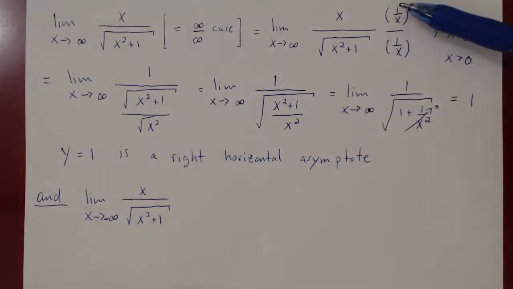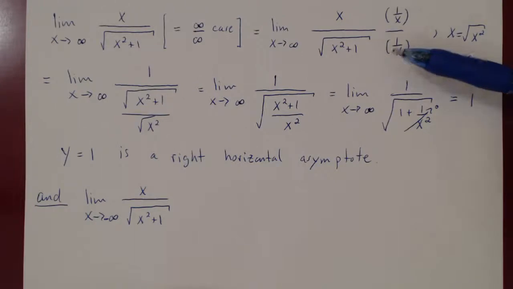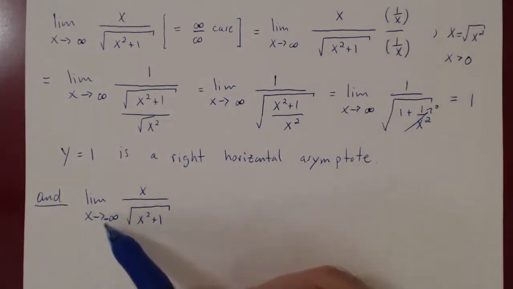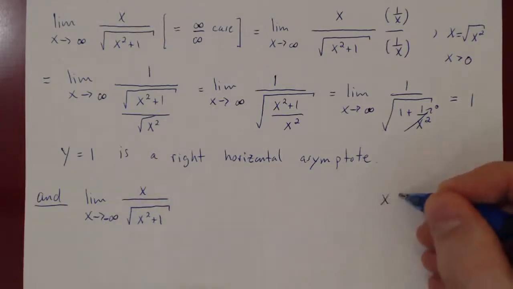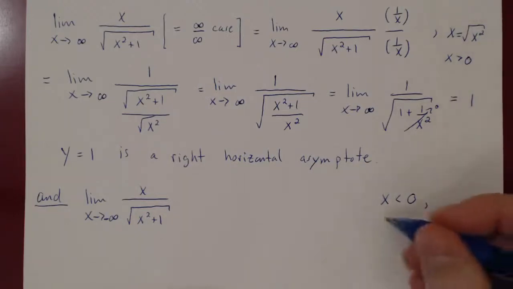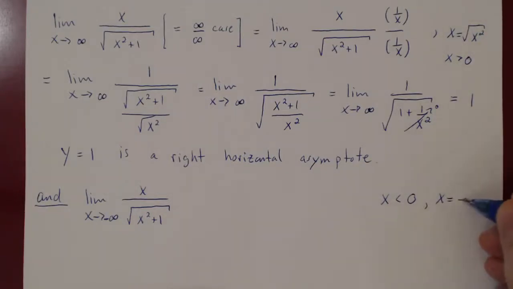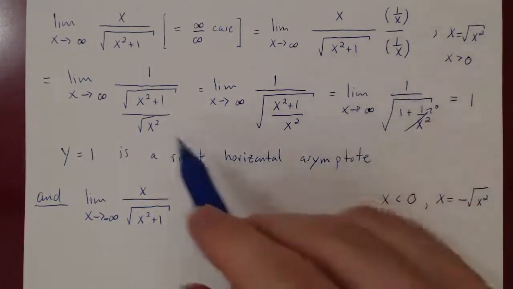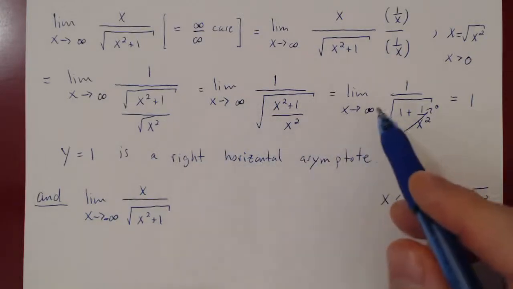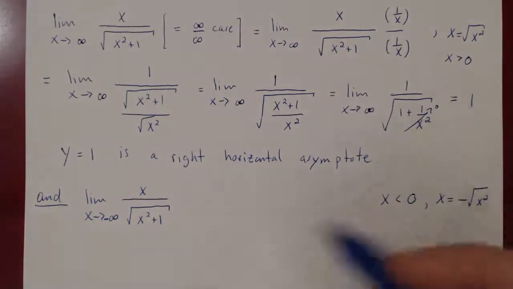We'll still multiply top and bottom by 1 over x. The only difference here is that because x approaches negative infinity, x is negative. And if x is negative, x is not the root of x squared, but x is the negative of the root of x squared. So you'll have a negative here, here, and here, so in the end you'll just get negative 1.